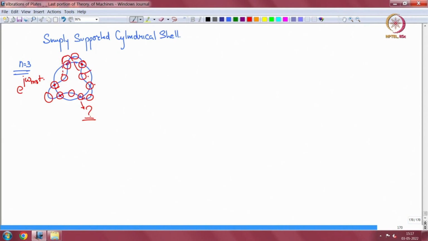Okay. So now in order to incorporate that rotated picture, we will need two sets of modes.